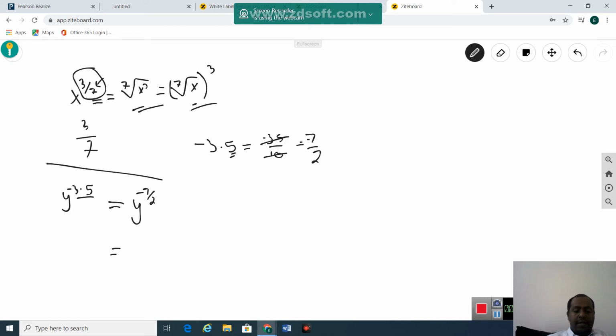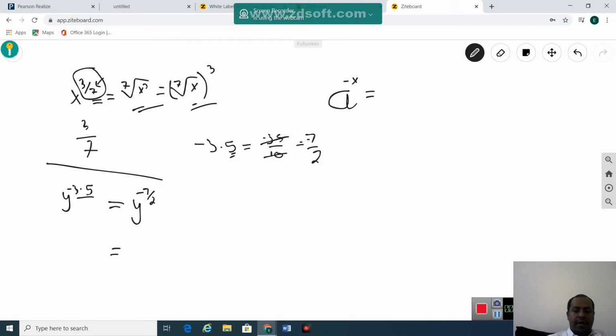The next step is, since the exponent is negative, I have to make it positive. If you remember from your previous knowledge of exponents, one of the rules says that if we have a power with a negative exponent, we can change it to positive exponent by taking its reciprocal.